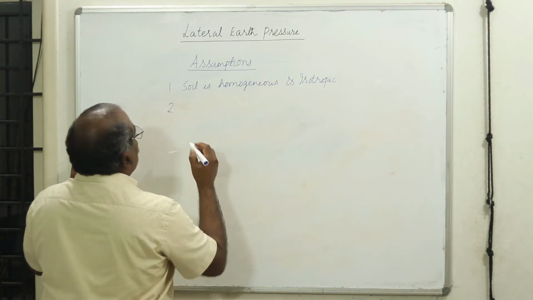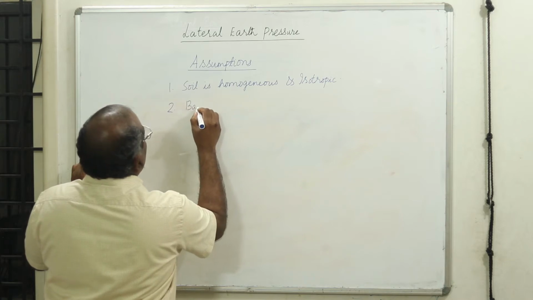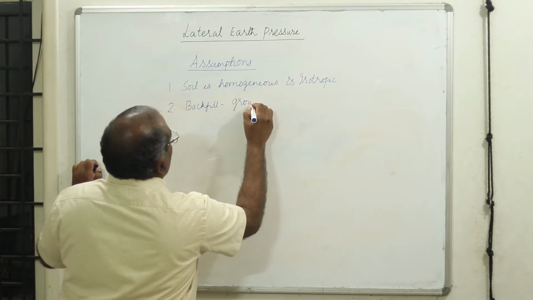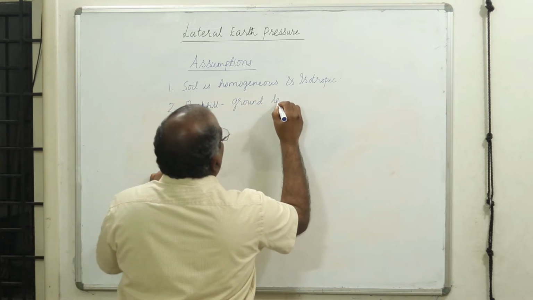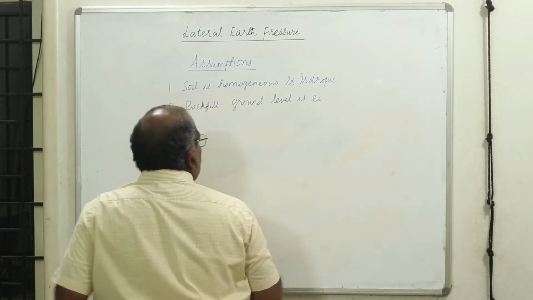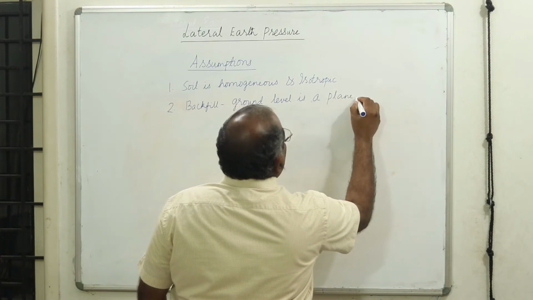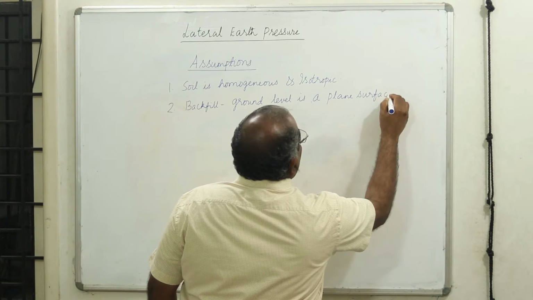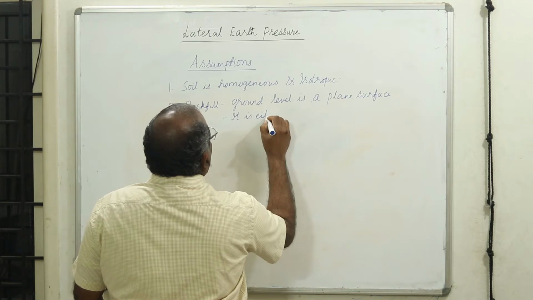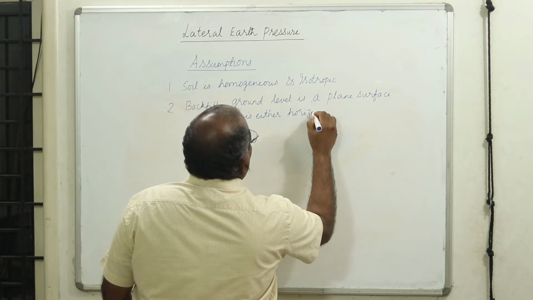The second one is that the ground level of the backfill is a plane surface, either horizontal or inclined.